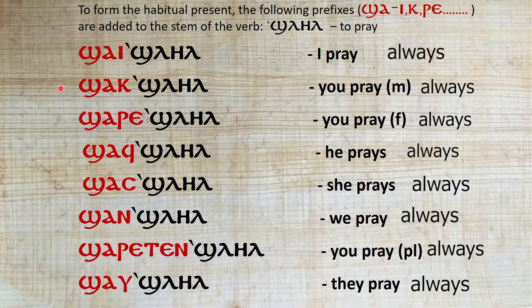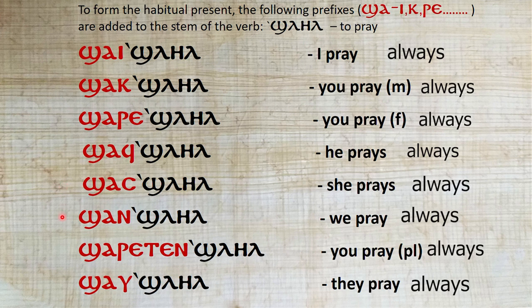Shak ishlal, you, masculine, used to pray and the action continues till now. Share ishlal, you, feminine, used to pray until now. Shaf ishlal, he used to till now pray. Shas ishlal, she used to pray until now.